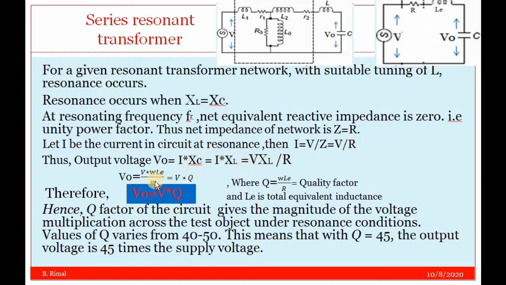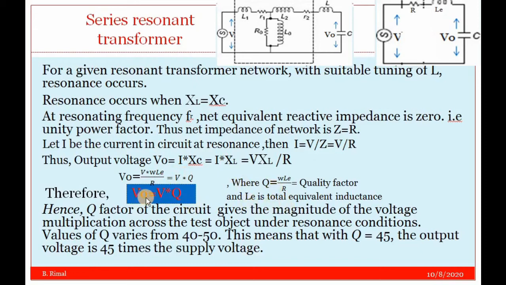Similarly we can write V out is equal to V into omega L by R, that is equal to V into Q, where Q is the quality factor and L is the total equivalent inductance.